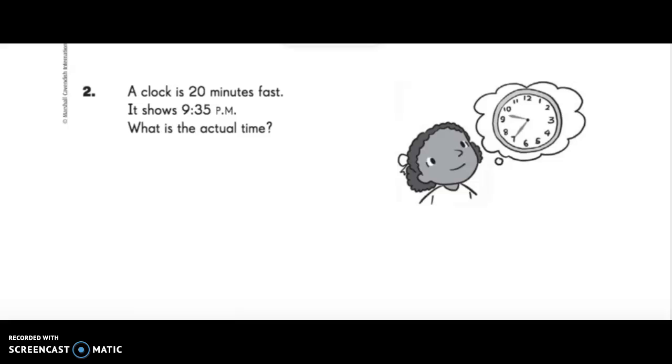Number 2. A clock is 20 minutes fast. So if it is fast, that means it is ahead of the actual time. So we need to work backwards here. So that means this is really our end time.